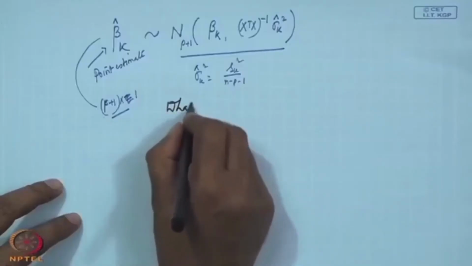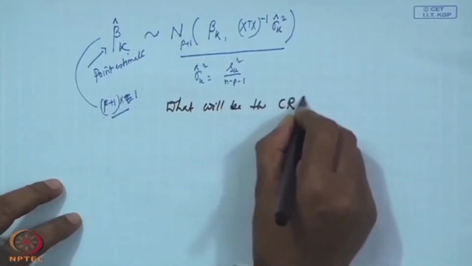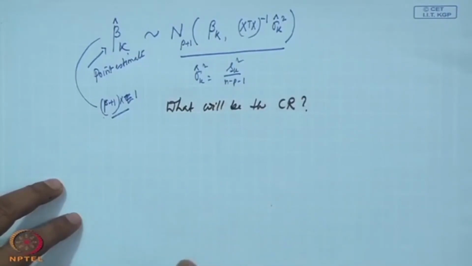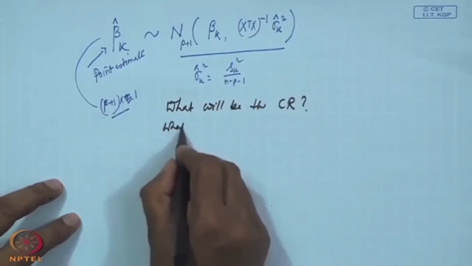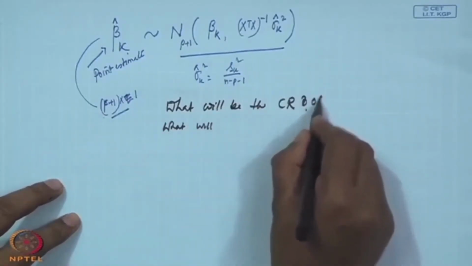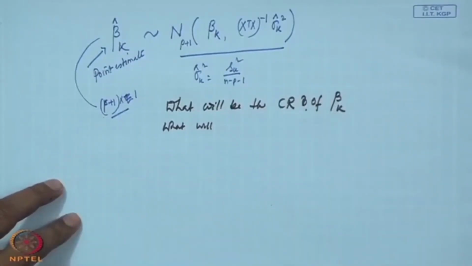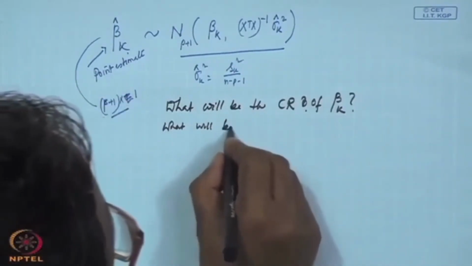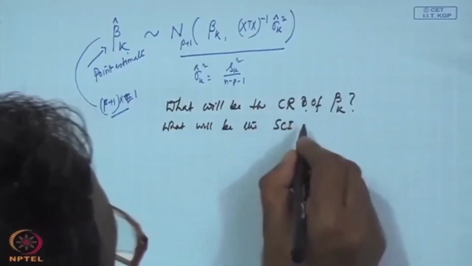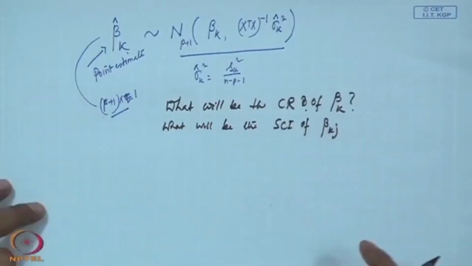Now the question comes: what will be the confidence region? Because when we come to the multivariate domain, first is the confidence region, the confidence region of beta k. Here we are going back to the individual variable beta k that we have seen in MLR. What will be the simultaneous confidence interval of beta kj?